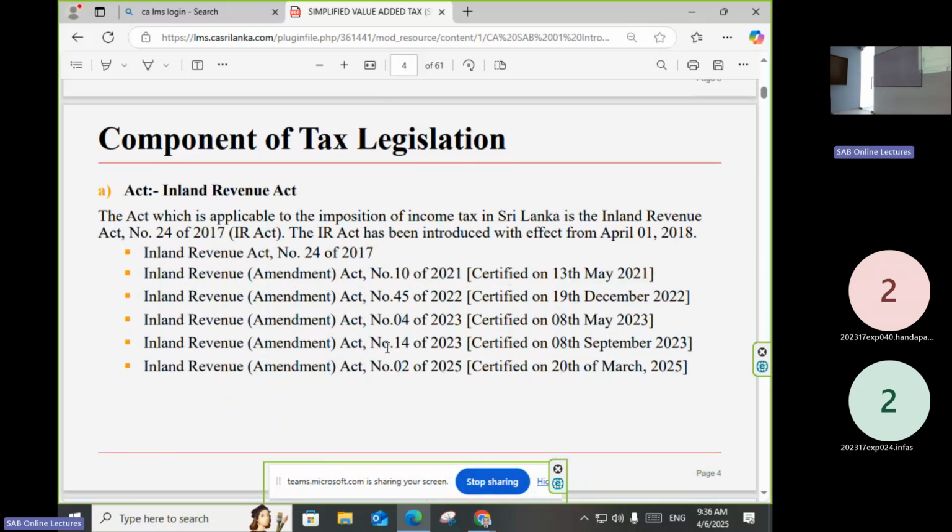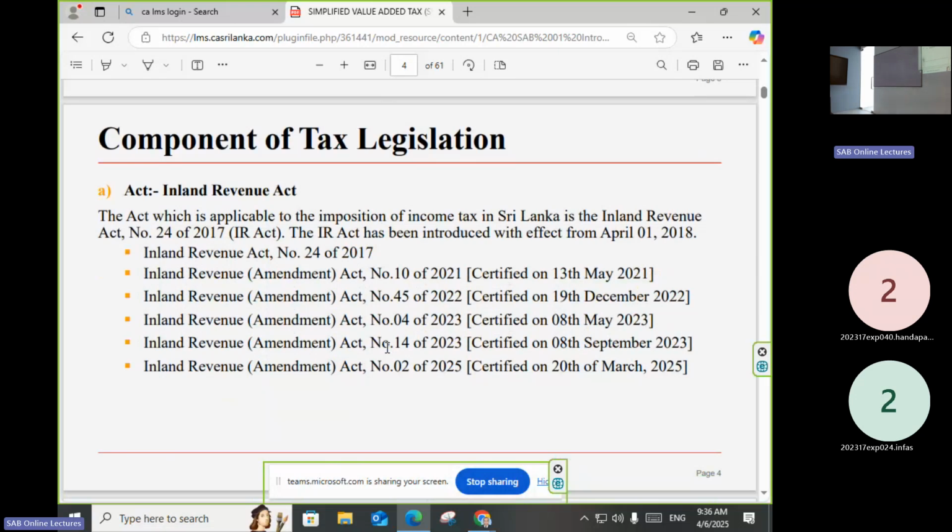On our side we made so many proposals, but the IMF didn't agree, because with that particular law we cannot achieve the revenue target. Therefore, they introduced this law, Act number 24 of 2017, and proposed to the Sri Lanka government to execute it. A similar act was there in Ghana.